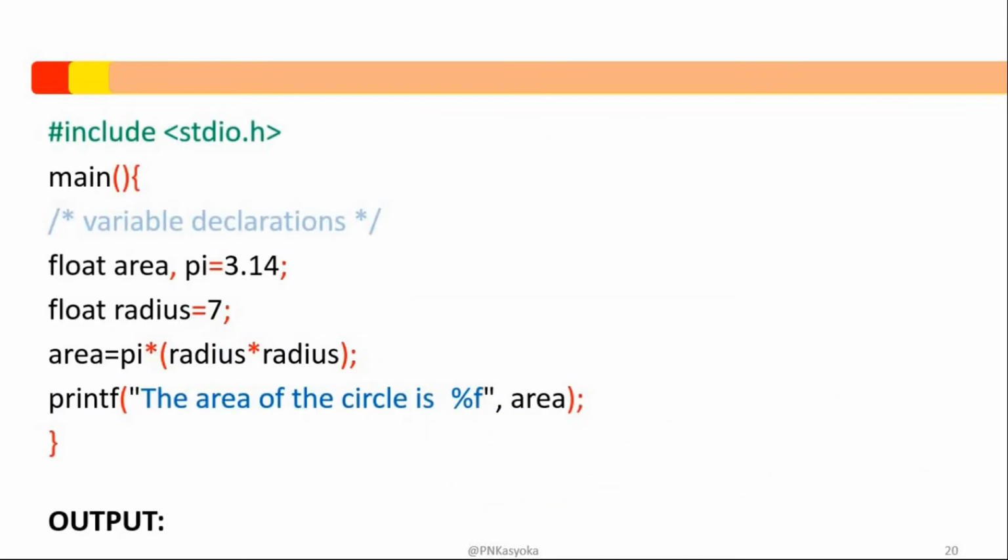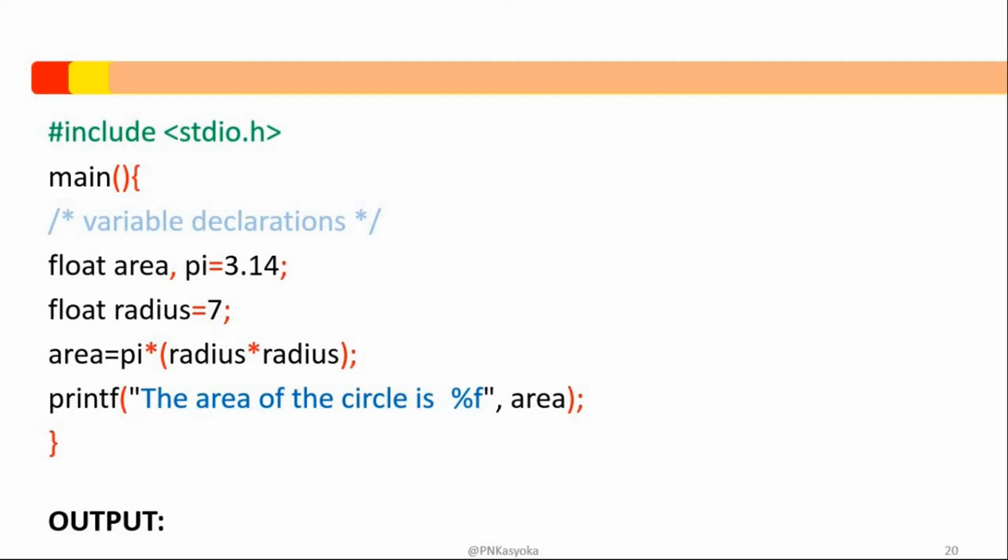We have another sample program given there. If we look at the first statement, that is a preprocessor directive, then we get to the main function. Inside, we have a declaration of variables, that is area, pi and radius. They are of float type. Now, these variables are local. They can only be recognized within the main function. And we have a computation of the area of a circle given radius 7 and a pi of 3.14.